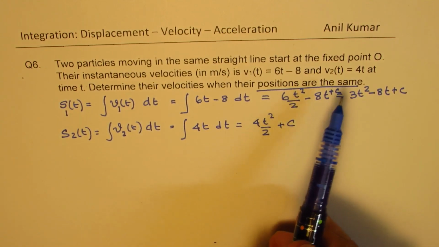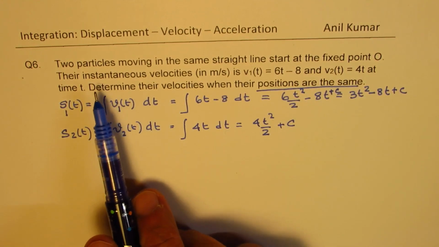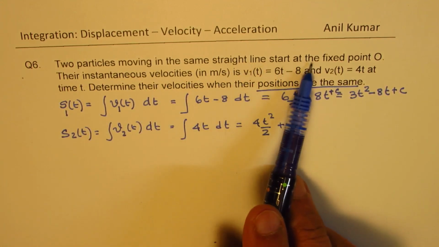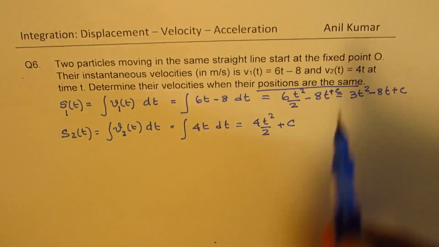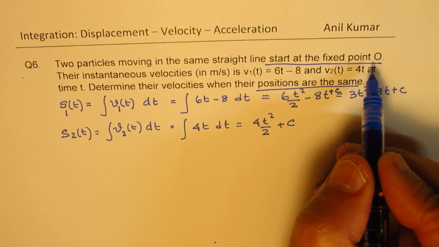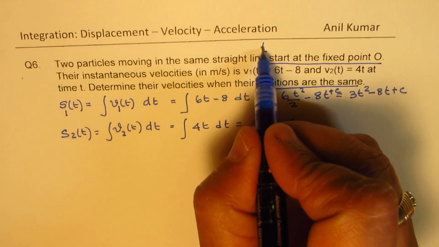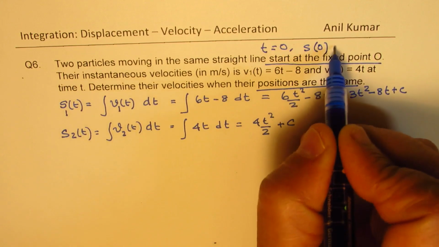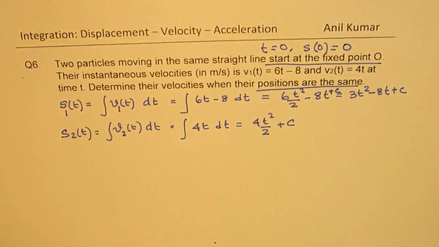Now it also says that the two particles moving in the same straight line start at a fixed point O. So their starting point is the fixed point O. O is the origin for us, right? So at t equals 0, S of 0 is 0, right? That is what it is.